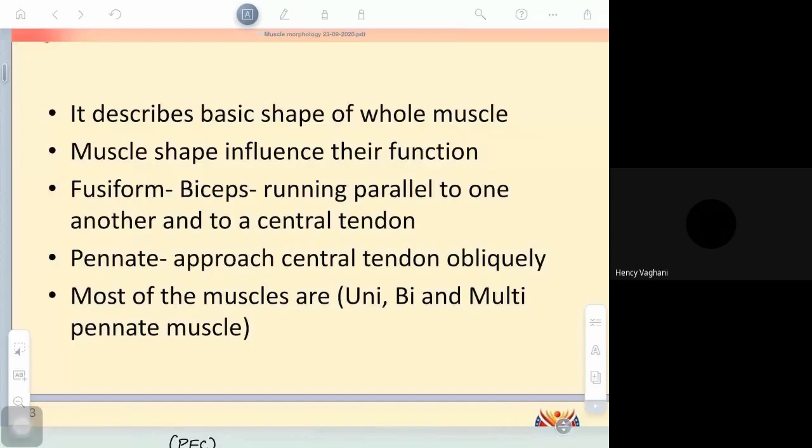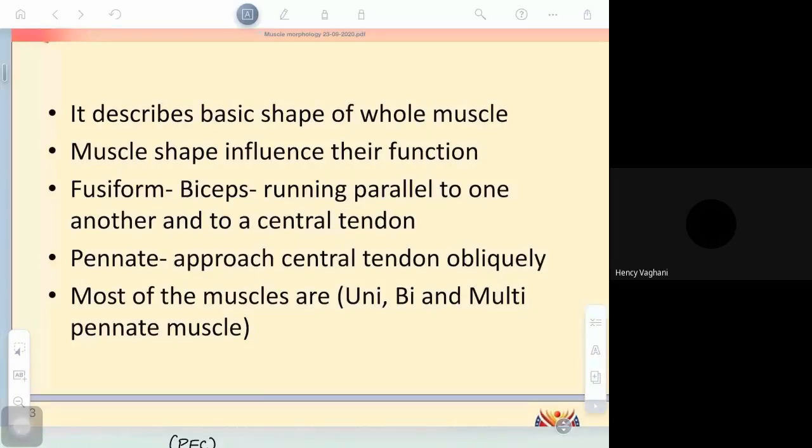So what is fusiform? Example is biceps. The muscle fibers of the biceps run parallel to one another and to a central tendon.